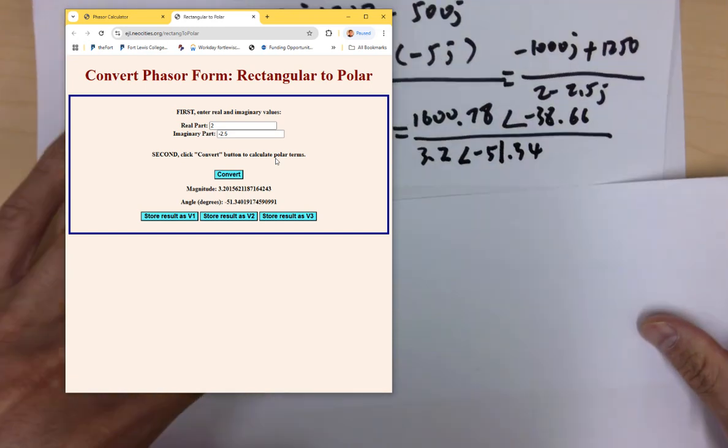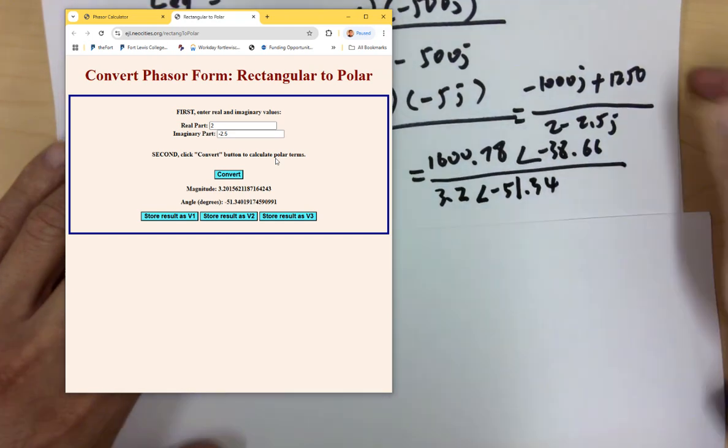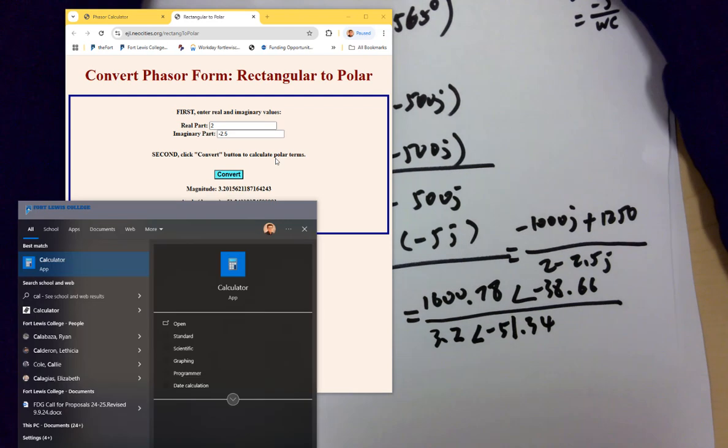Okay, and then do a division: division here, subtraction here. Grab a calculator.